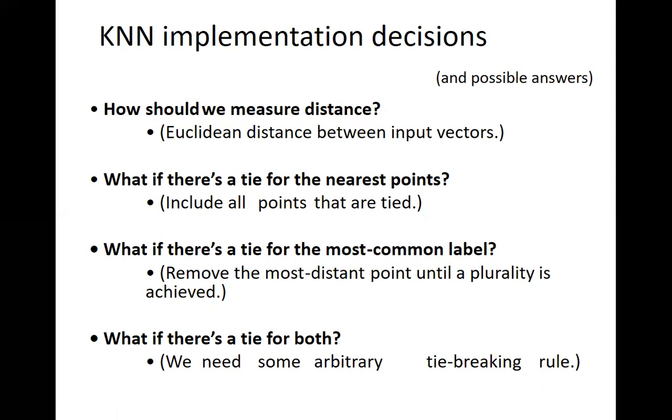What if there is a tie for the nearest points? If 2 points are at the same distance from the query point, what are you going to do? In that case, we'll include both the points. What if there is a tie for the most common label?